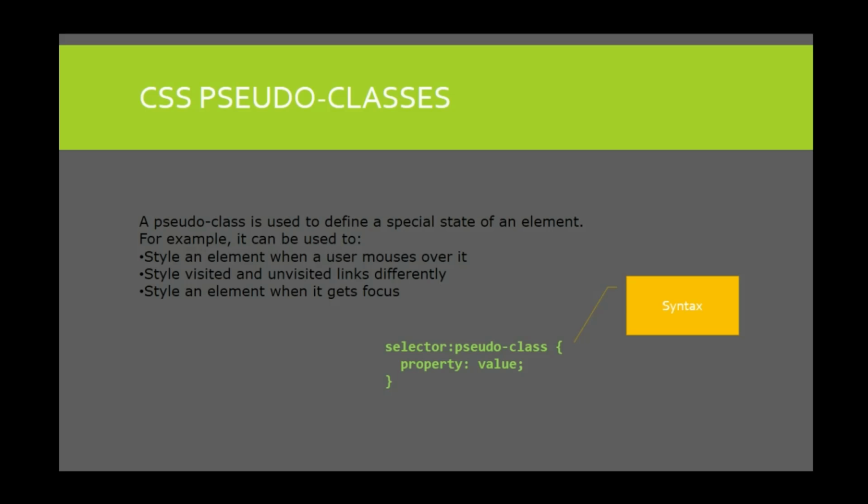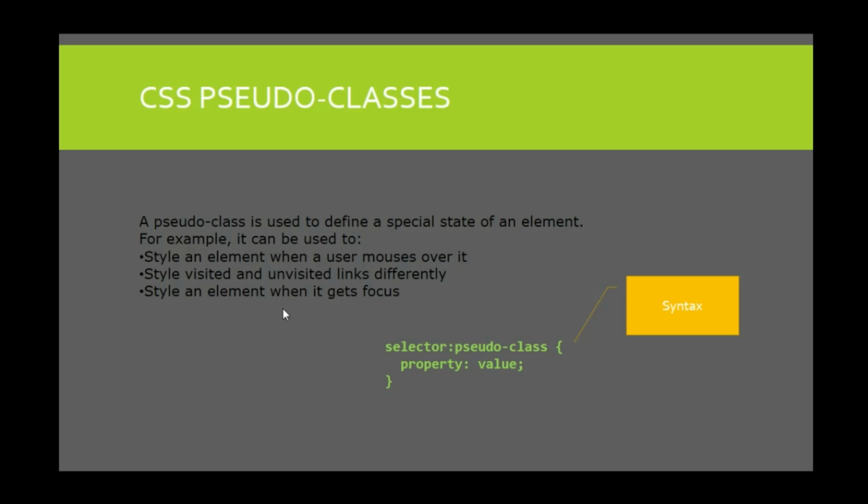So mouse over, let's say mouse over this button, what happens? And then style visited and unvisited links. Let's say we have a hyperlink inside our HTML document, so we can use visited: if the user already visited it, it changes to red color. An unvisited link will be in blue color. Okay, that is the formatting part.